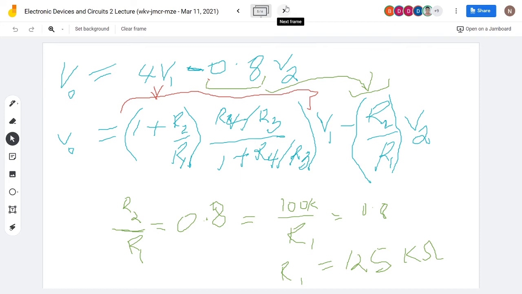Now we know what R1 is, we know what R2 is, and we know what R4 is, and that what is highlighted here is equal to 4. So we know three of the four resistors, and we want to find R3. That's what we mean by design. Who's going to do that for me?